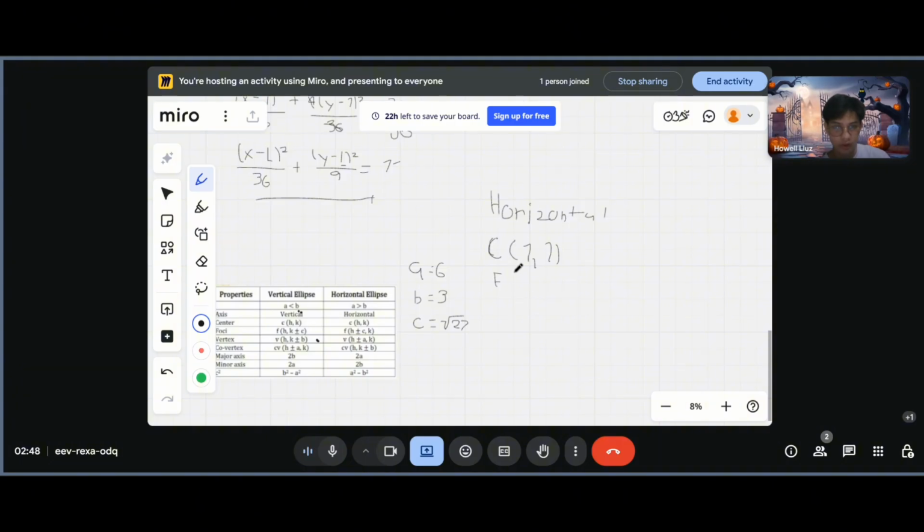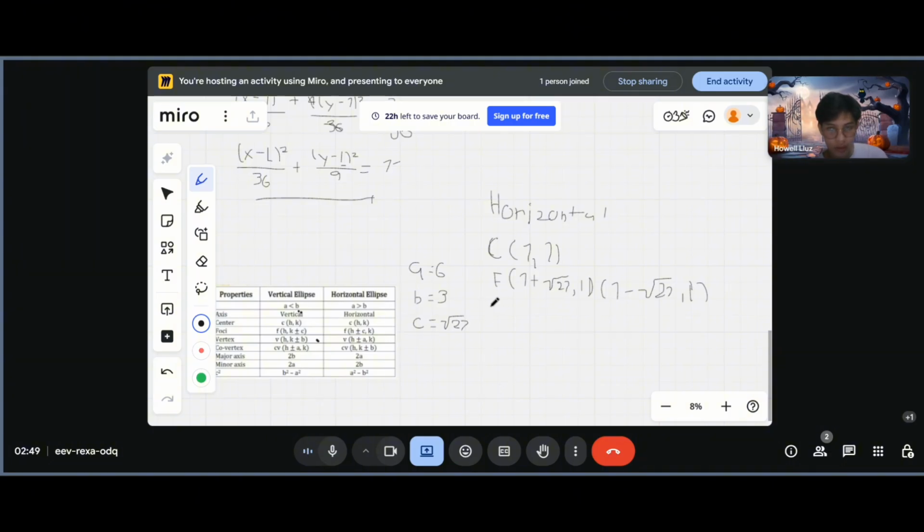So to substitute it, the value of the foci will be 1 plus the square root of 27, comma 1, and for the next is 1 minus the square root of 27, and that's it.